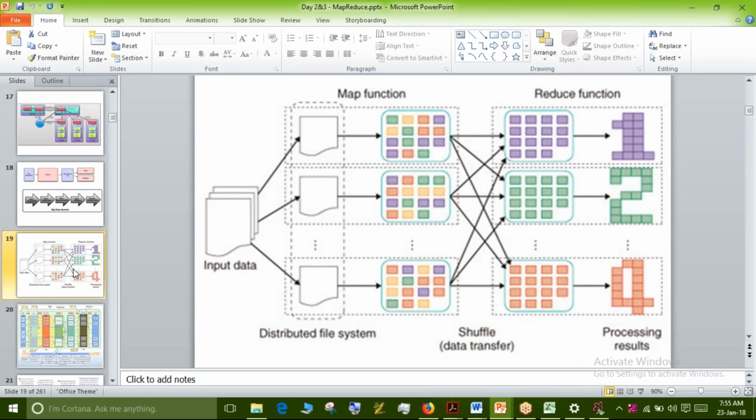Got it? Yes. I know understanding MapReduce just by seeing a single diagram is not possible, but you need to go through this constantly so that you understand.